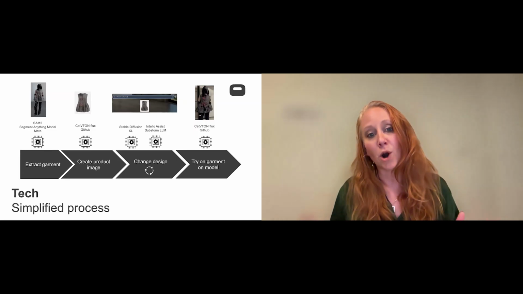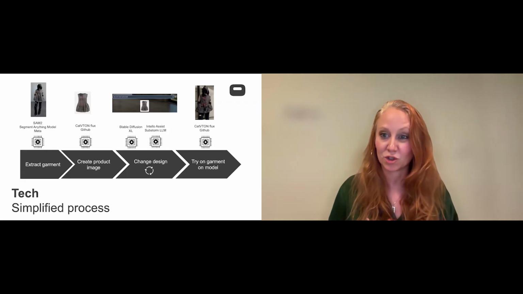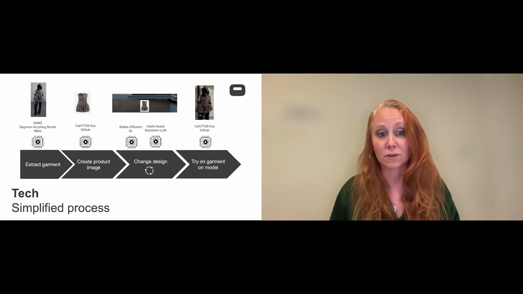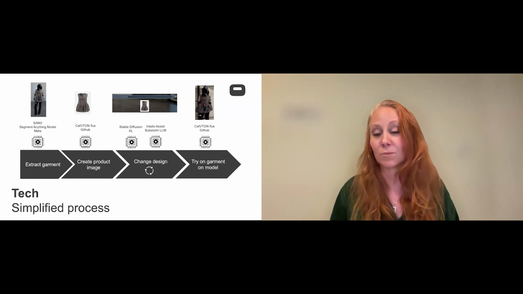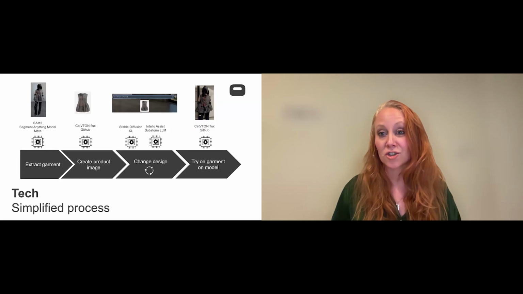And basically, this is a part of the switching, putting garments on and off models, and changing fabrics and so on. The models that we used in the end to actually do it: first the SAM2, Segment Anything Model from Meta, to find the garment on a model, extract it, and create a product picture, which we put into the CatVTON Flux model in the end.